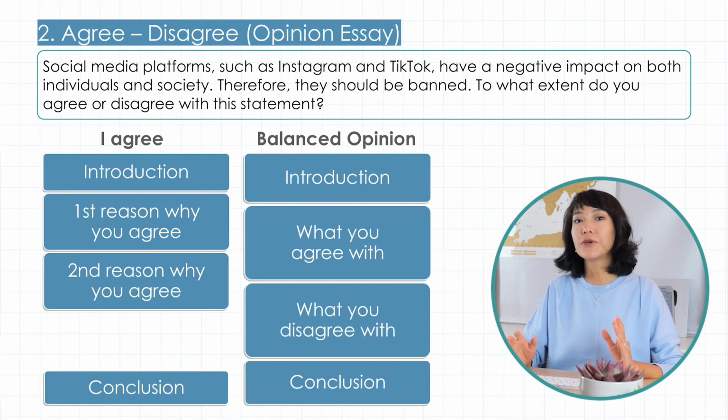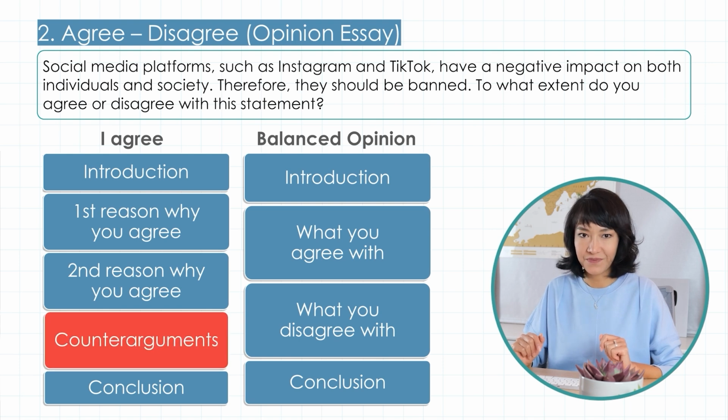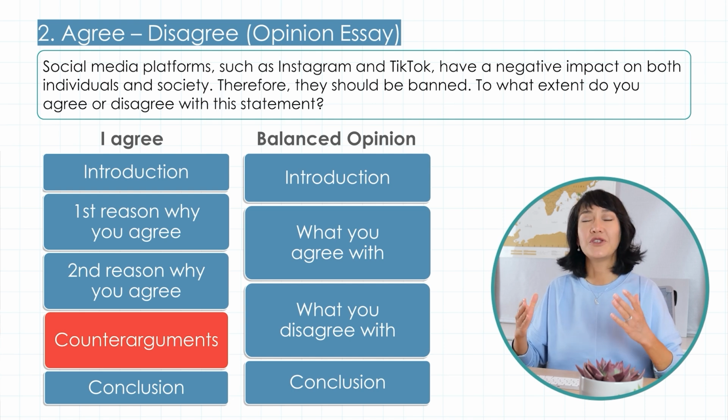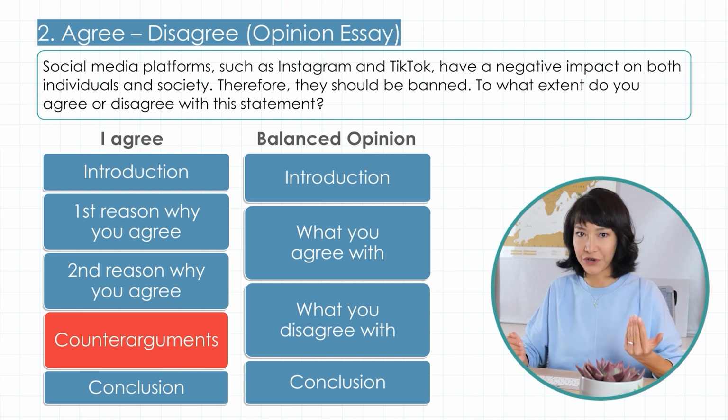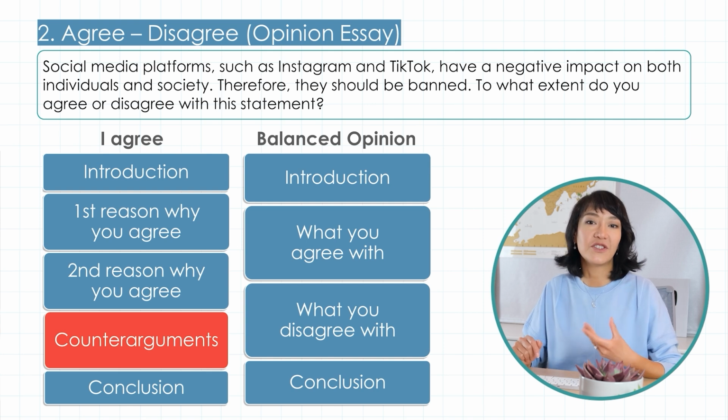So it should be regulated rather than simply banned. You may also add counterarguments, or things other people think which you disagree with, and explain why you disagree with them. In this way, you make your argument stronger. This is a more advanced version, and you could get a Band 7 without using it.